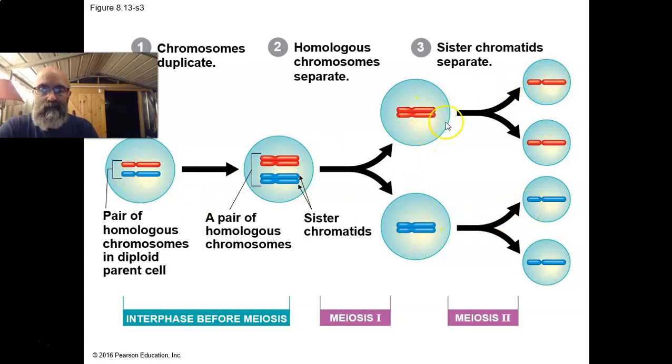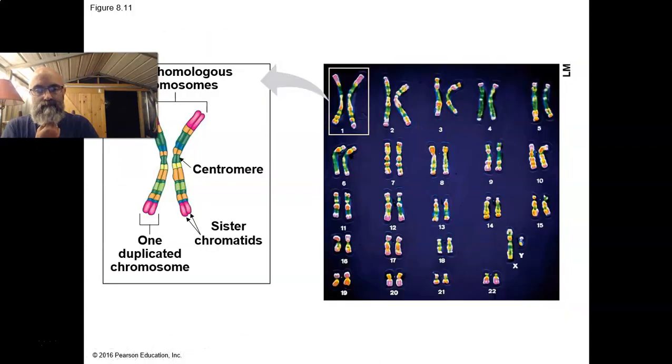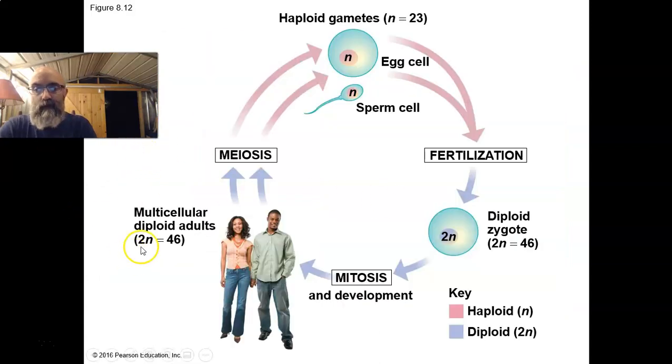So we start with 1 cell, we end up with 4 cells. We start with a diploid cell, we end with a haploid cell. We start with 2 chromosomes, we end up with 1 chromosome. We start with diploid cells with 46. We end up with haploid cells with 23.